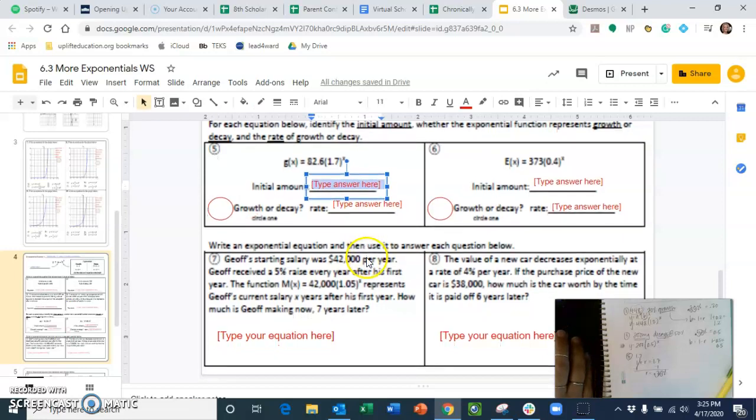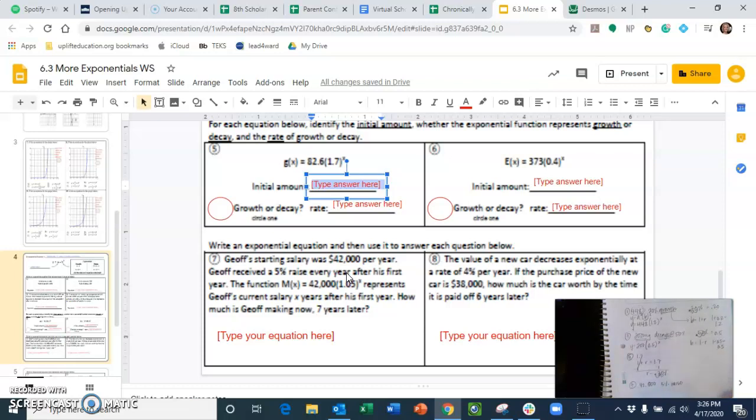Okay? Number 7. Jeff's starting salary was $42,000 per year. So he starts off at $42,000. Jeff received a 5% raise every year after his first year.